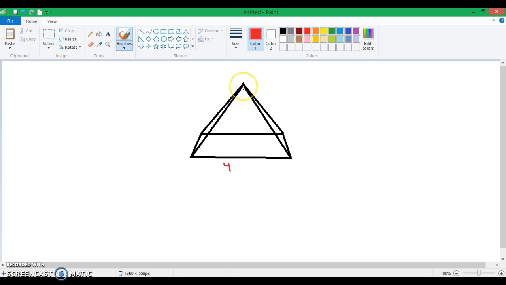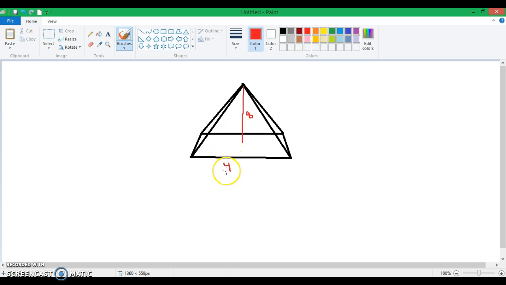And let's say that the height of this pyramid is 8.